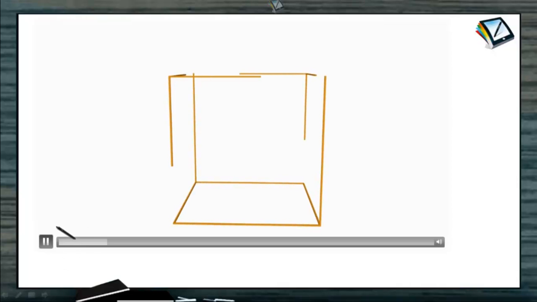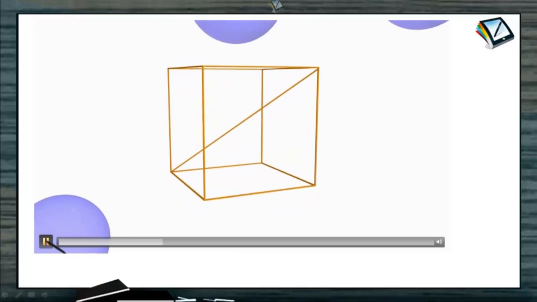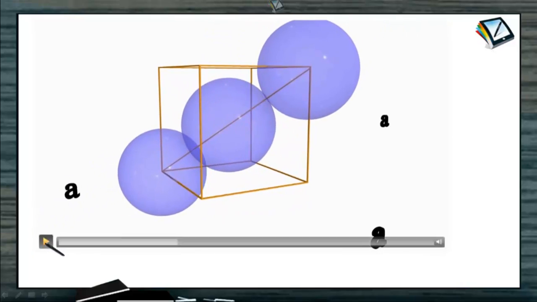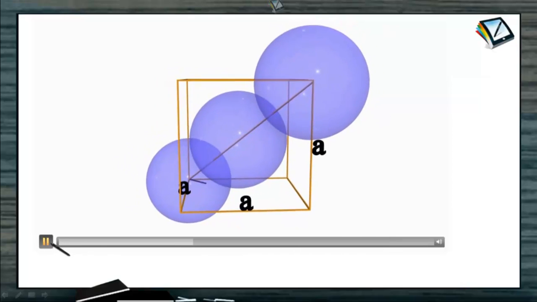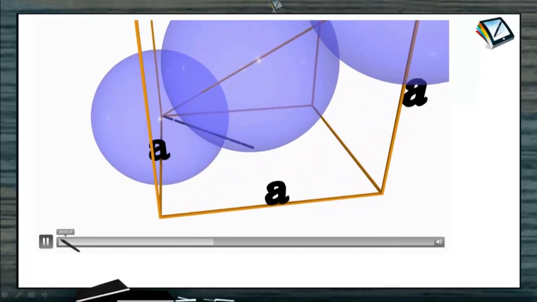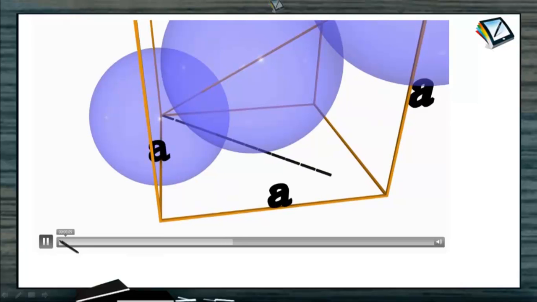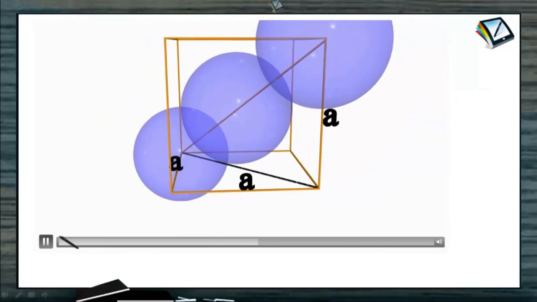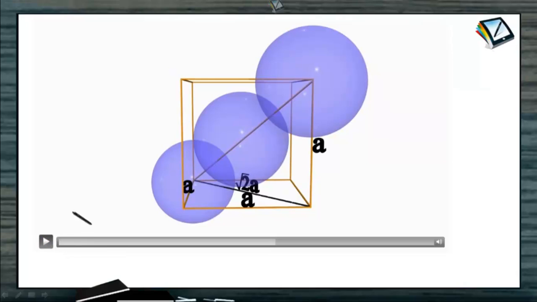This is the body centered cubic crystal lattice which has atoms at corners as well as body center. This is the body diagonal. The atoms are arranged in this way in the body centered lattice, and these are the edge lengths of the body centered cubic crystal lattice that you can see here. And this would be the face diagonal, which is equal to root 2 A according to Pythagoras theorem. So when you use this triangle, this would be another triangle that you can see in the red color.